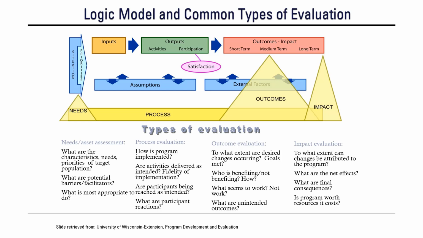We can be looking in for things such as changes in attitudes, changes in learning on the short-term basis, changes in behaviors and actions on a medium-term basis, and on the long-term basis, which is sometimes referred to as those broader impacts, we can be focusing in on the social and economic changes. We can also ask to what extent can the changes be attributed to the program, and what are the net effects and final consequences of our program.